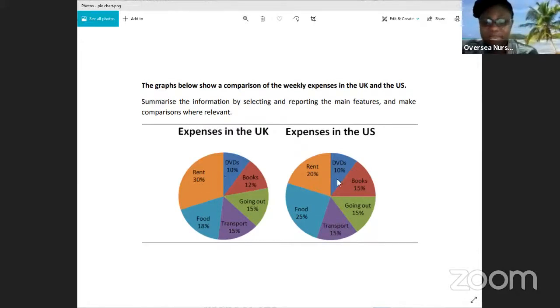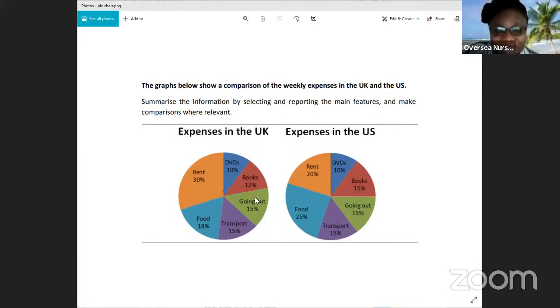Expenses are the same for all of them. The variables are the same, like rent, DVD, books, going out, transport, and food. It's the same variables they have, but they have different values for them. So you need to make a choice. We said the highest, and then the least. That is when they spent the most money and when they spent the least of their income. So the rent here is the highest for UK, while food is highest for US.